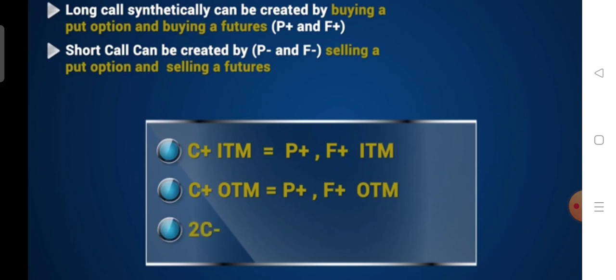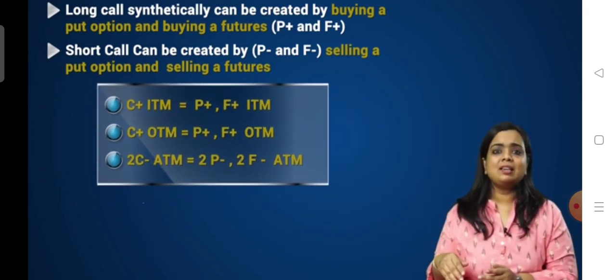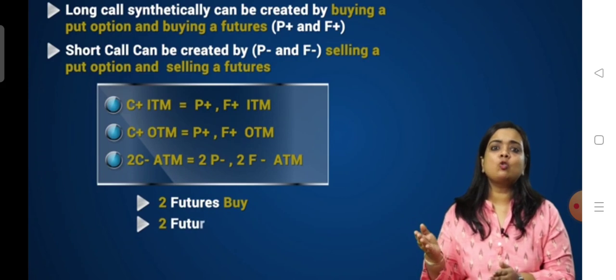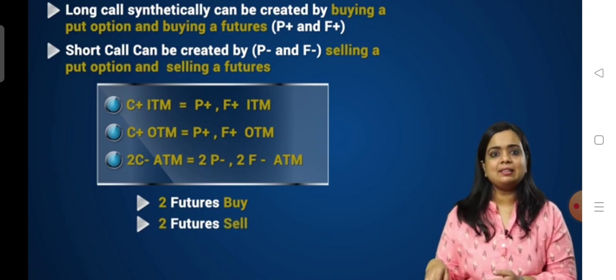And 2C minus at the money, that is selling 2 calls at the money, can be written as 2P minus, that is selling 2 put options and selling 2 futures lots, both at the money. So we see we are net buying 2 futures and simultaneously selling 2 futures, which get cancelled.